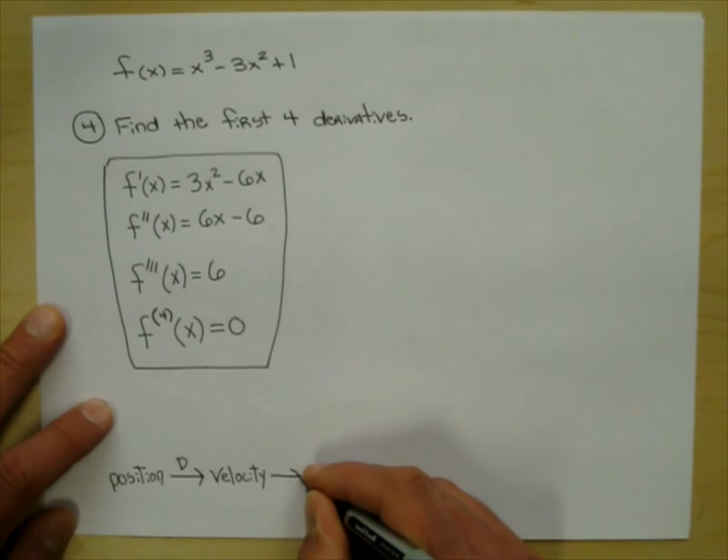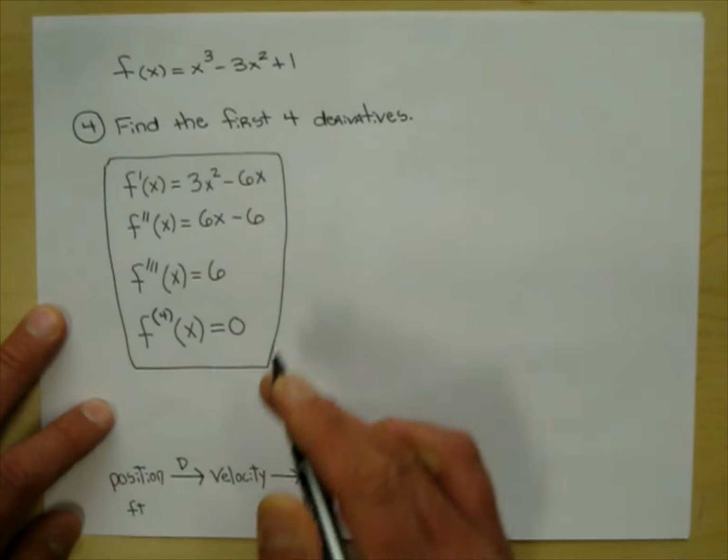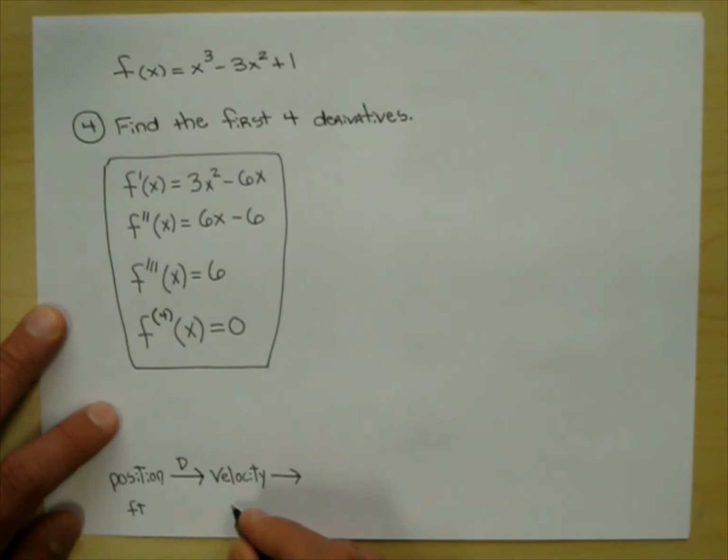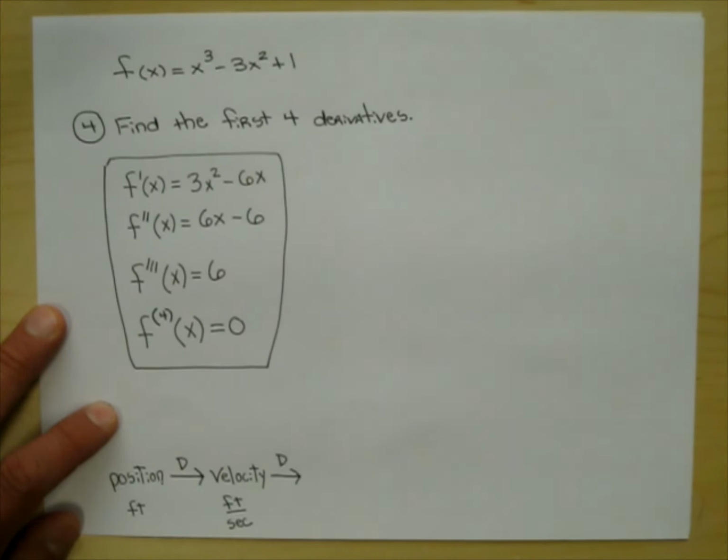Now, think about this. The position is like feet. By the way, we're done with the problem, but this is foreshadowing here. Velocity is feet per second. What happens when you hit the velocity with the derivative gun?